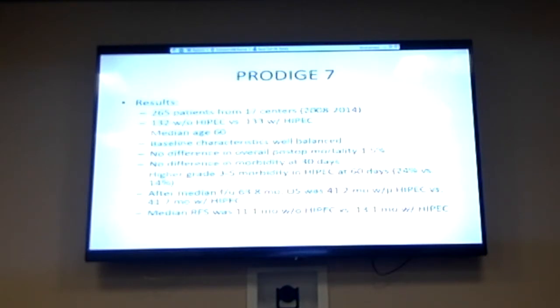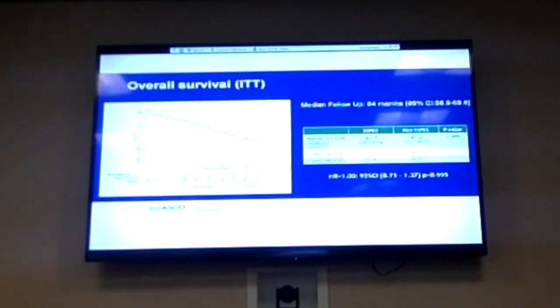And the median recurrence-free survival was 11.1 months for those without HIPEC versus 13.1 months with HIPEC. So really not much different and a little more morbid to receive the HIPEC. And so here you can see the survival curves essentially traced over each other. The median survival the same.